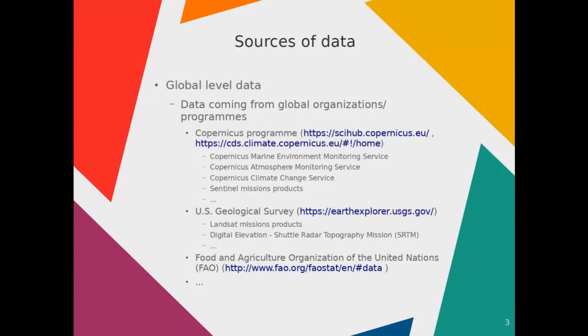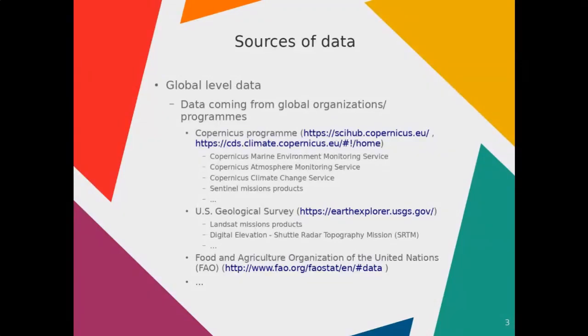There are lots of global services published within this program, for example the Copernicus Marine Environment Monitoring Service, Copernicus Atmosphere Service, Copernicus Land Cover Service, Copernicus Climate Change Service, and so on.